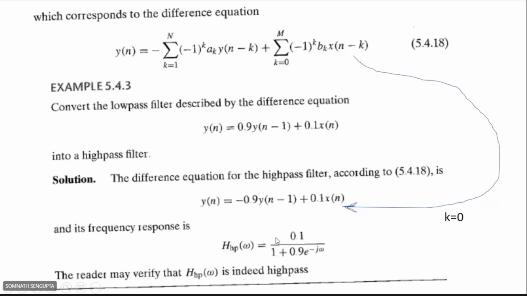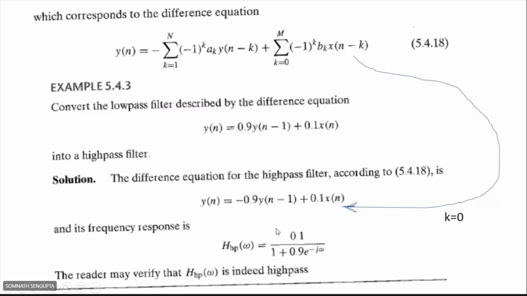Here the pole is at minus 0.9, so z is equal to minus 0.9. So the pole lies on the left hand side of the z plane, near the unit circle, which means it is indeed a high pass filter.